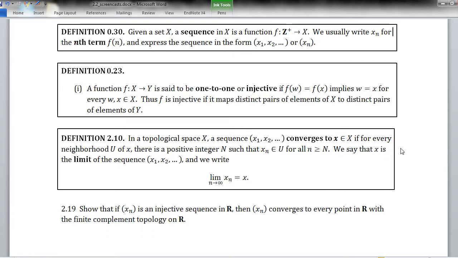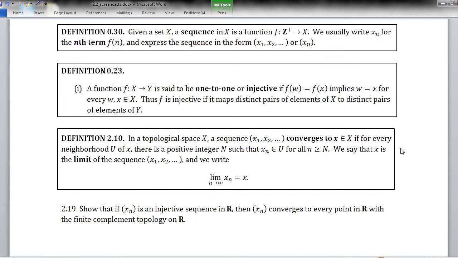Okay, and then convergence. In a topological space X, a sequence converges to a point x if for every neighborhood U of x, there's a positive integer capital N such that x sub n is in the neighborhood U for all n greater than or equal to capital N. So the idea here is that you might have heard of epsilon challenges in calculus or real analysis.